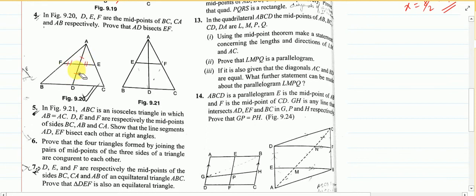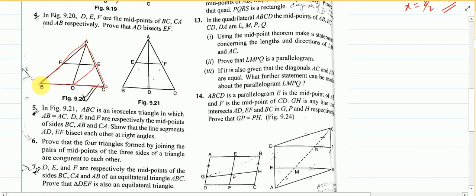In order to show this, what we are going to do is we will join D and E. Firstly, I'm joining D and E. Once I join D and E, consider this triangle.